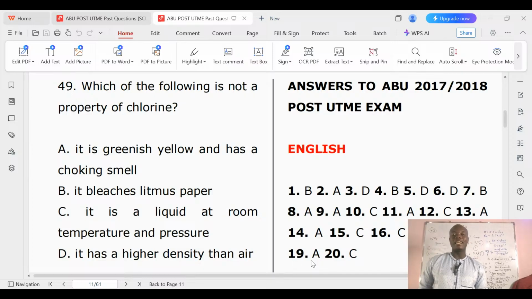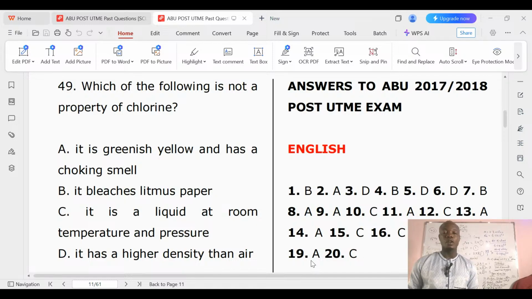Chlorine is a greenish yellow gas at room temperature, and it has a choking smell. It also bleaches litmus paper, but it is not a liquid at room temperature.